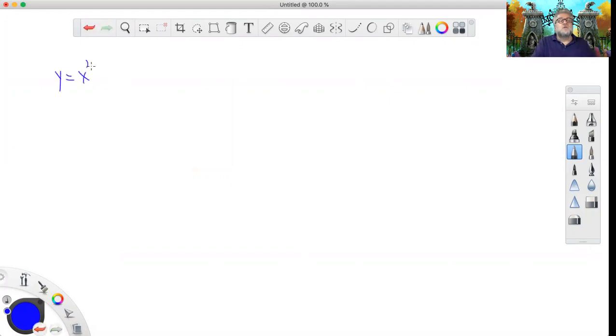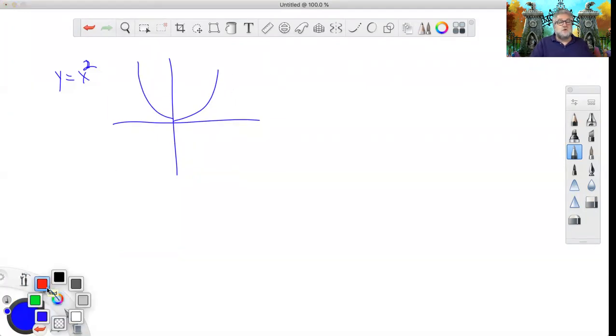y equals x squared, we know what that looks like, right? It's an x squared function, looks like that. And if I do y equals x minus 3 squared, well, let's see what happens. When I plug in 3, it's going to give me 0, the same thing this did at 0.